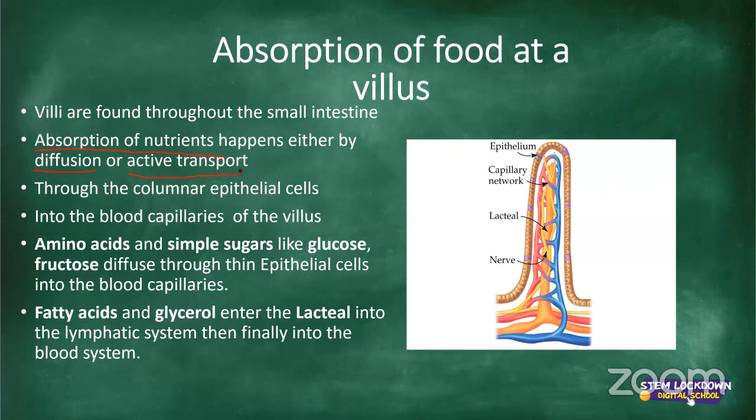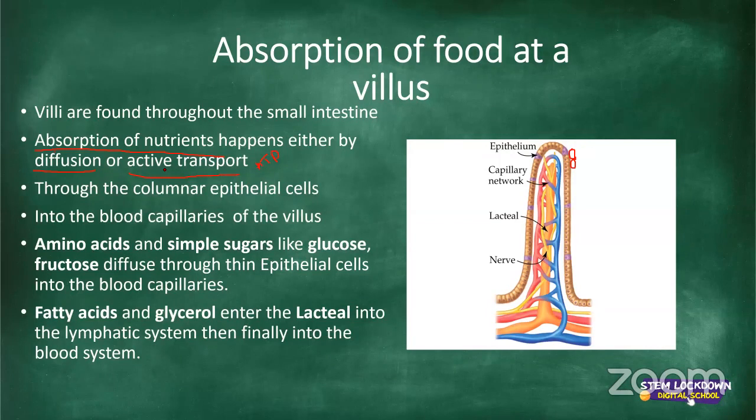And guys, remember, in order for active transport to happen, we need ATP. Therefore, there has to be mitochondria somewhere. So these epithelial cells here are also filled with mitochondria, right? I hope you remember the function of mitochondria from grade 10. They have mitochondria around them, and that is for active transport to take place.